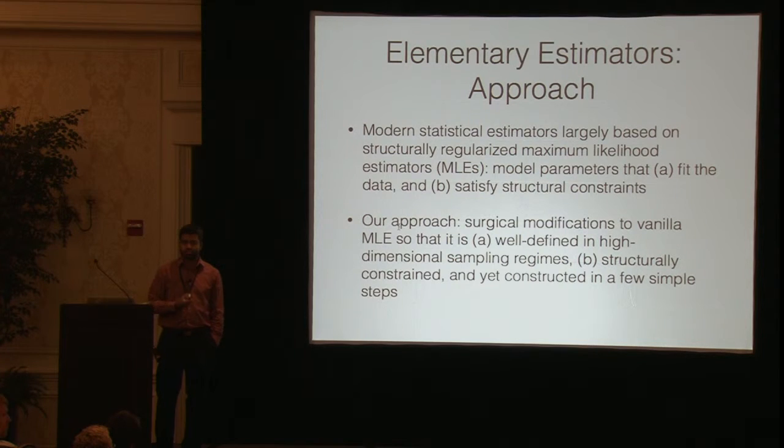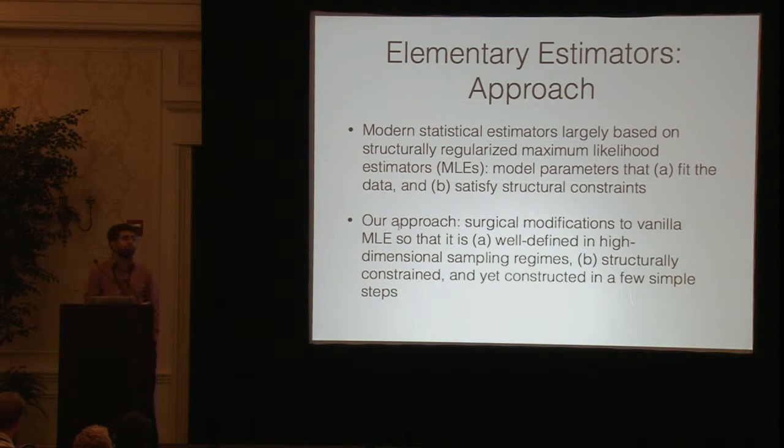One, it's not suited to high-dimensional settings because of identifiability issues. And second, it does not satisfy the structural constraints I impose, such as sparsity. So what we're going to do is surgically modify the unmodified MLE so that it satisfies these two desiderata.